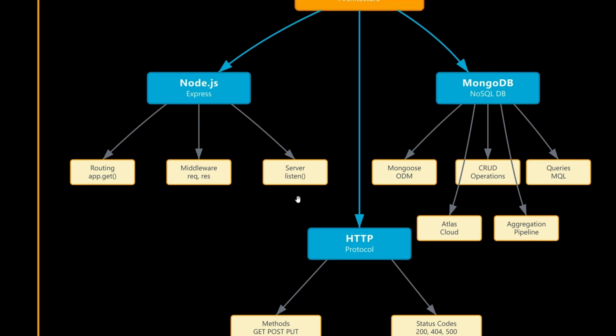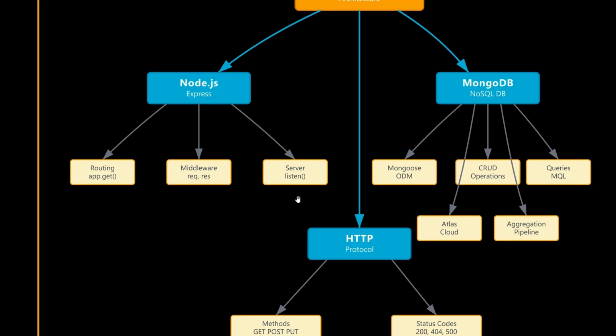For more complex operations, we use the aggregation pipeline. This lets us chain together multiple operations like filtering, grouping, sorting, and calculating averages, to transform our data in a very sophisticated way. Think of it like a data processing pipeline.